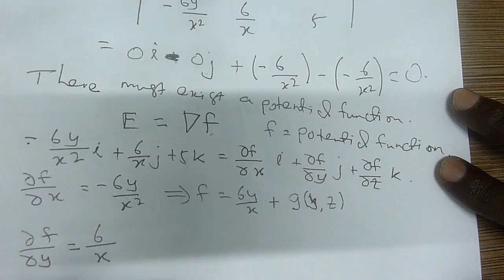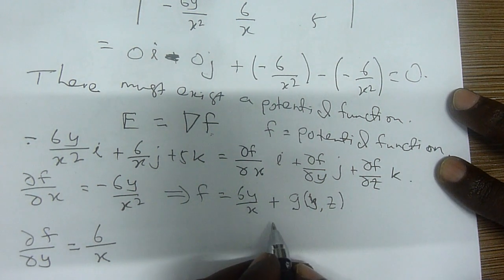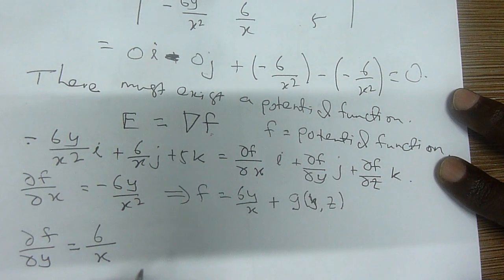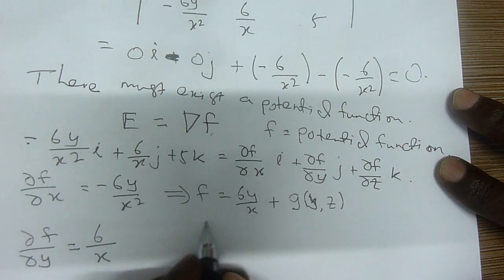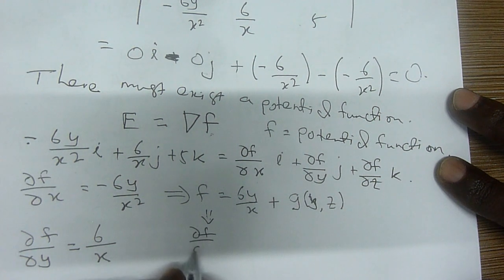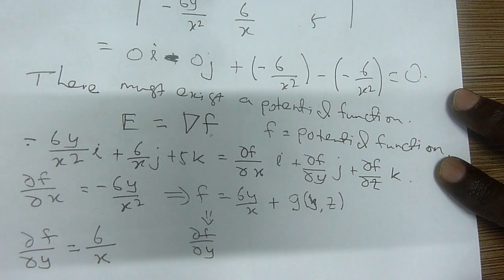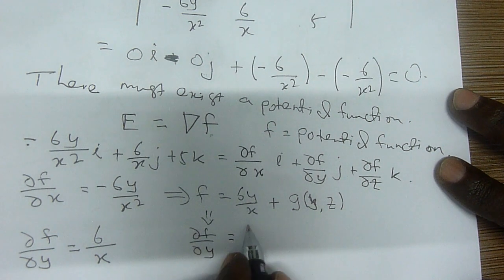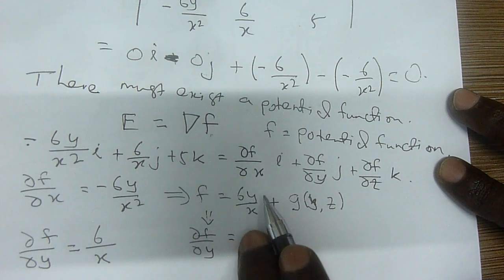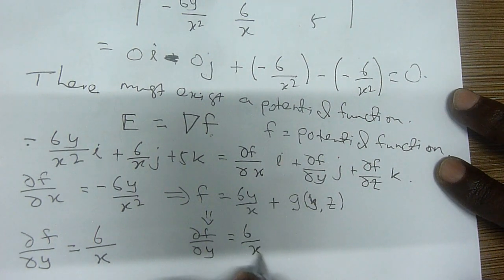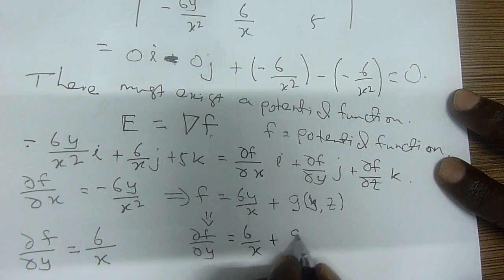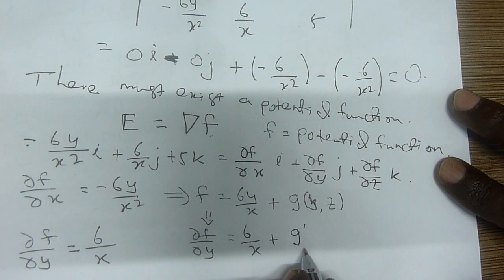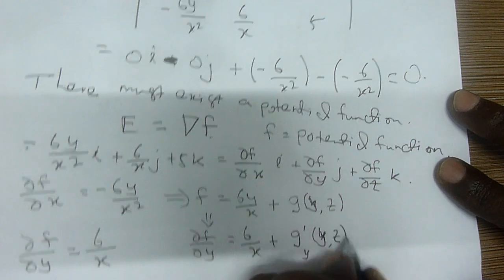Let us try. Wait, is it correct? Yes, 2 negative. If I start moving inside, then I make it del f/del y. Then I get something very interesting, which will give me 6x plus g prime y base, which is y z.